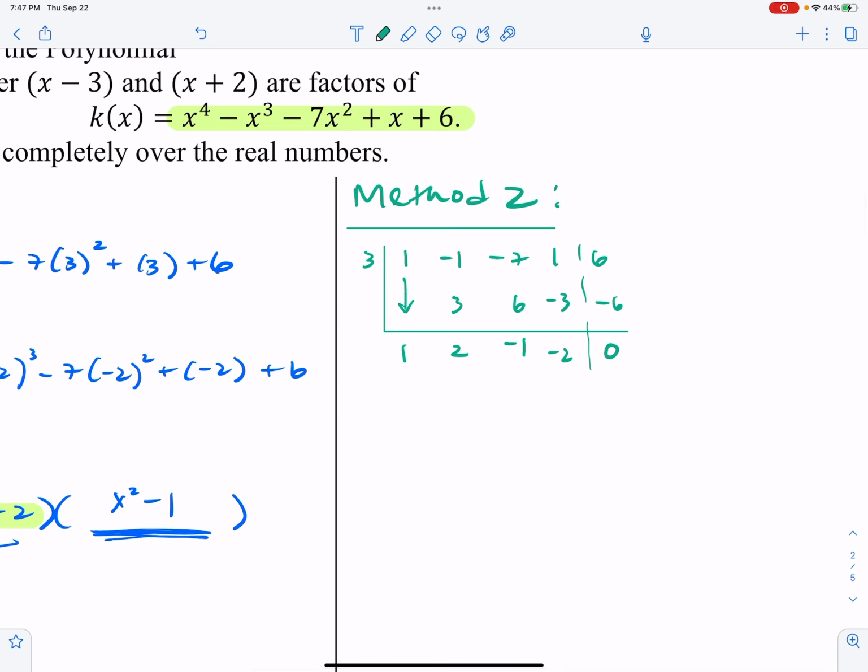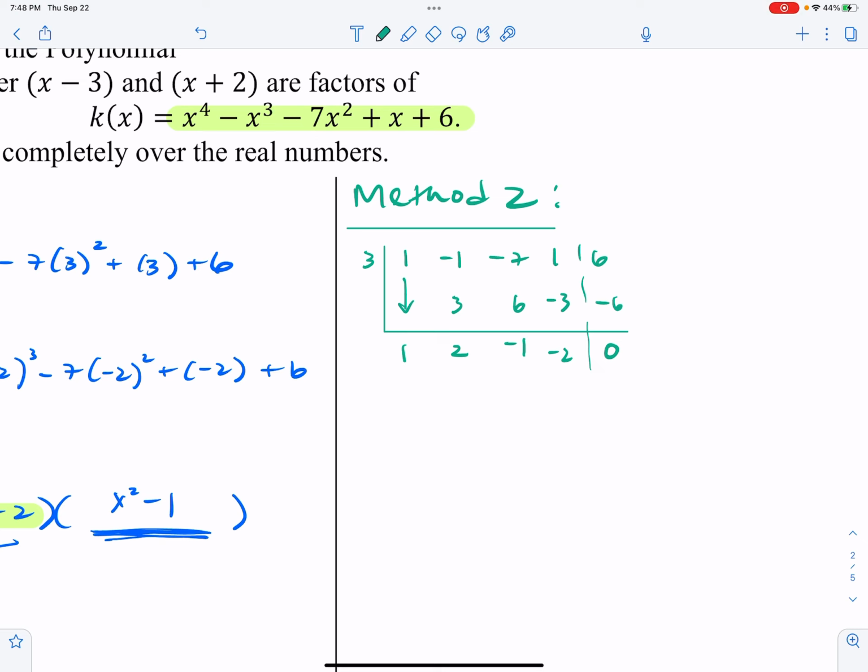But that means that k of x can be written as x minus 3 times x cubed plus 2x squared minus x minus 2. And then we can just keep going because we need that to factor further.